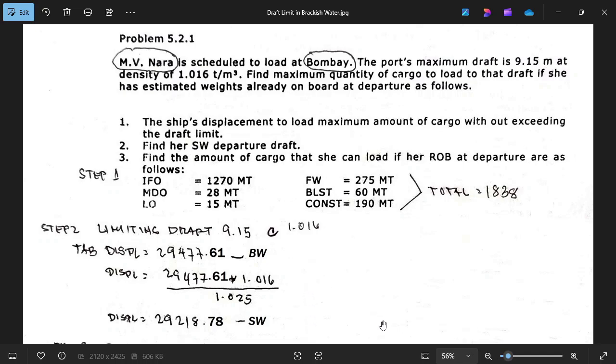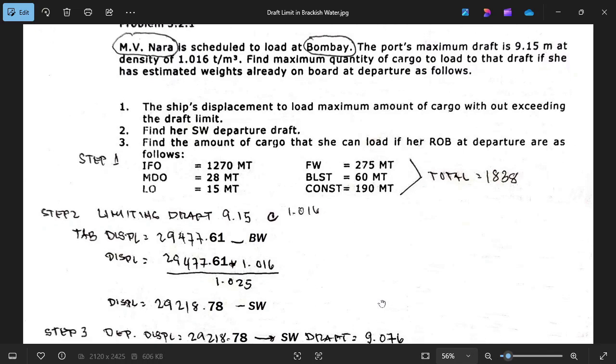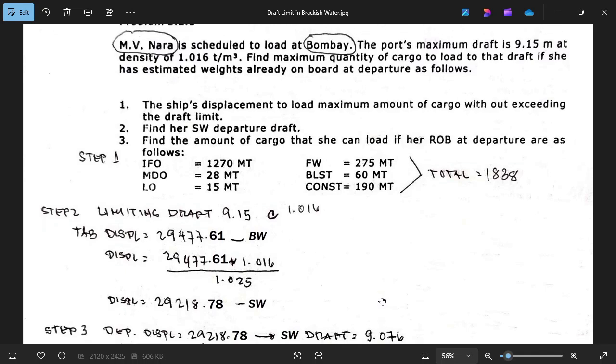Meaning when the ship floats in salt water, the ship will rise, and her draft would be 9.076. Take note, guys, that the displacement in brackish water is bigger than in salt water. From fresh water or brackish water, the vessel will rise up, and of course the tendency is that your displacement will reduce.